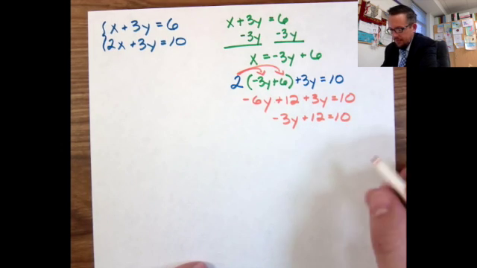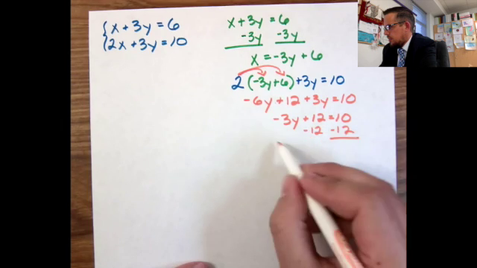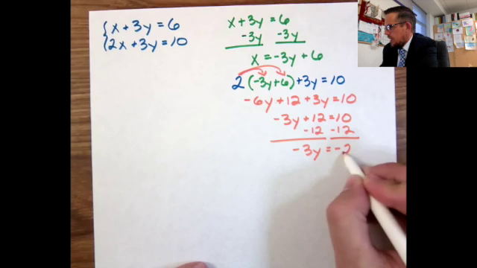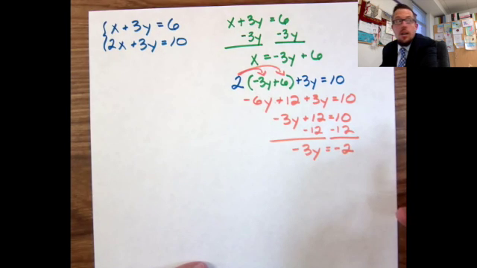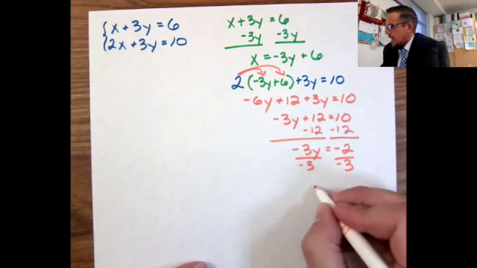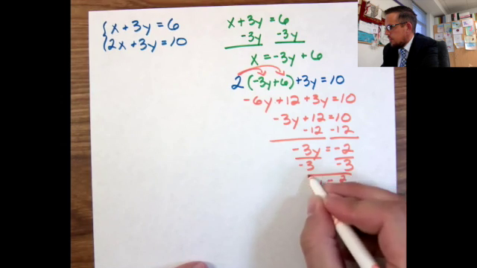And then minus 12. So negative 3y equals negative 2. And then divide by negative 3. And here's our fraction. Negative 2 divided by negative 3 is 2/3.